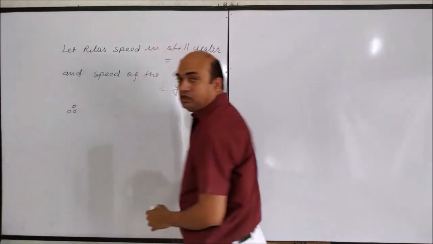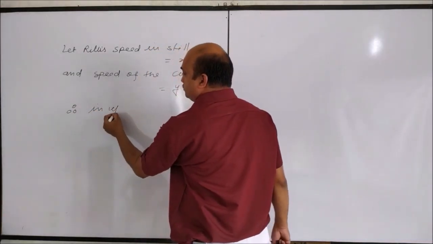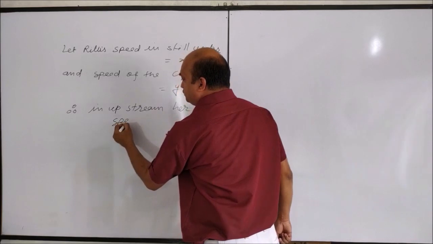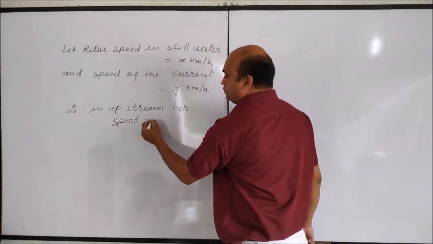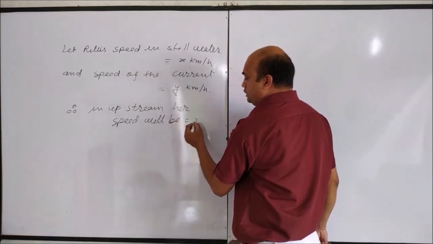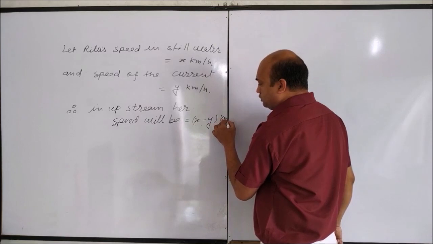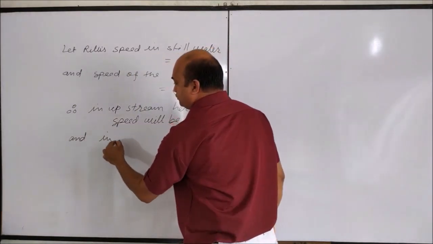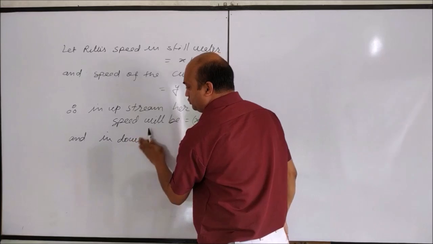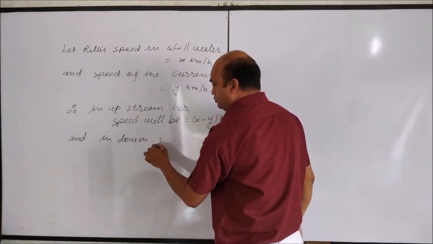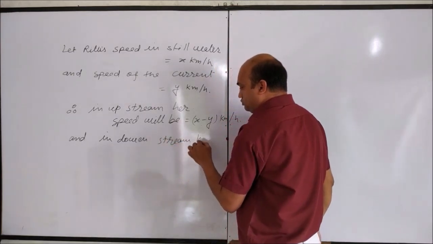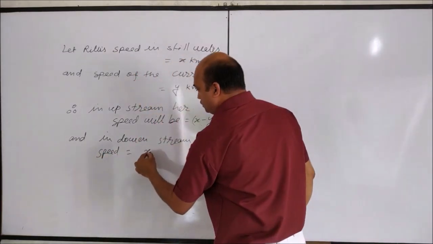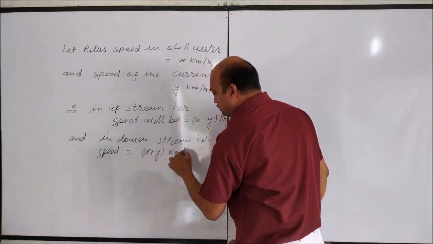Therefore, in upstream her speed will be x minus y kilometer per hour, and in downstream her speed is equal to x plus y kilometer per hour.